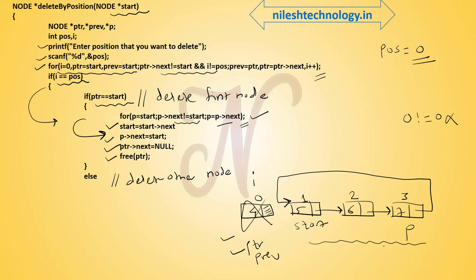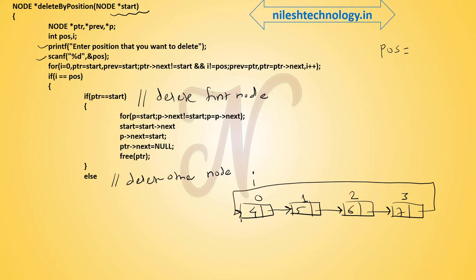Now we will see how to remove a node in between a linked list. First we erase this. Now we assume that your position is 2. By using this for loop we find the ptr. Here i equal to 0, this is your i. This is your start, this is your ptr, this is your prev.